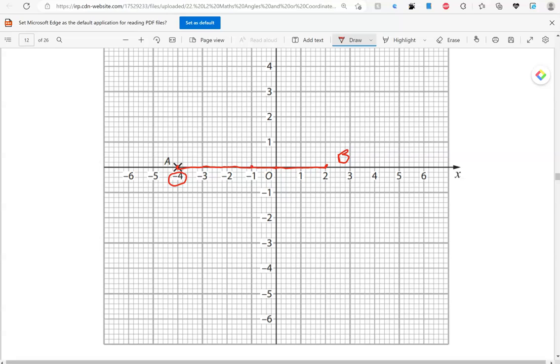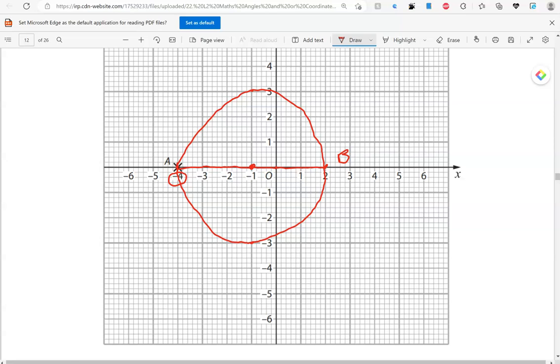So that means this is the center of the circle. 1, 2, 3. That's another point in the circle. 1, 2, 3. So using a pair of compasses, you'll just go and join these points to make a circle.